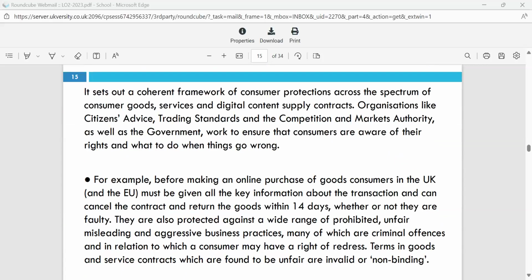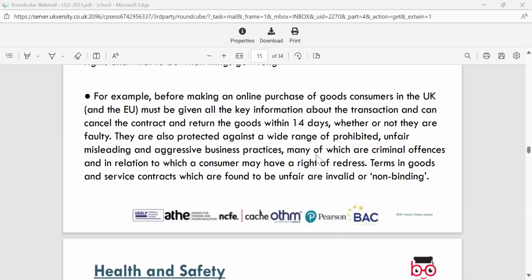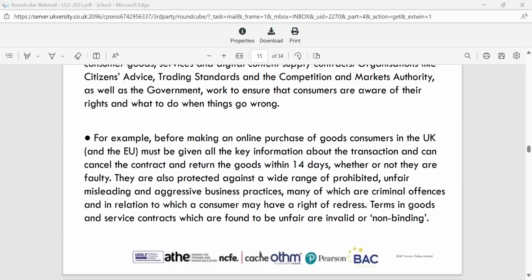It sets out protection for individuals, to make sure that the consumer is not treated unfairly, and that if they have made a purchase, the business has followed the protocols.